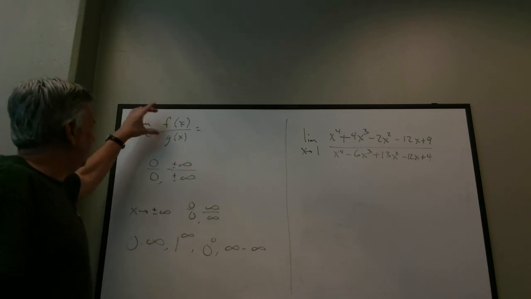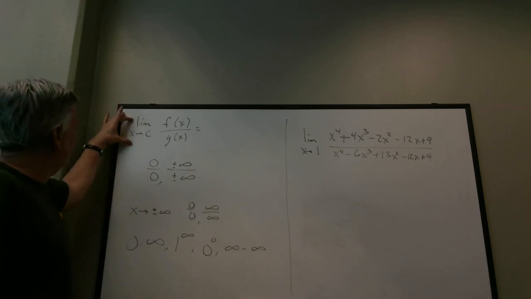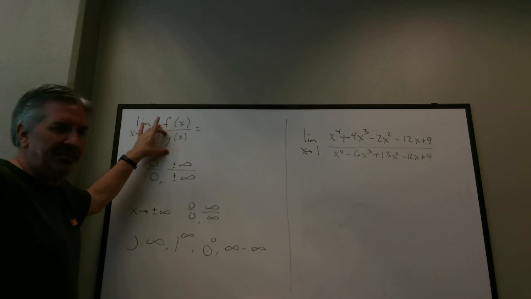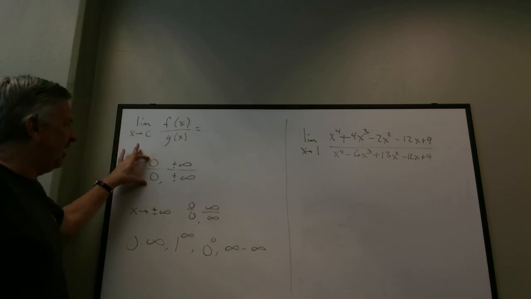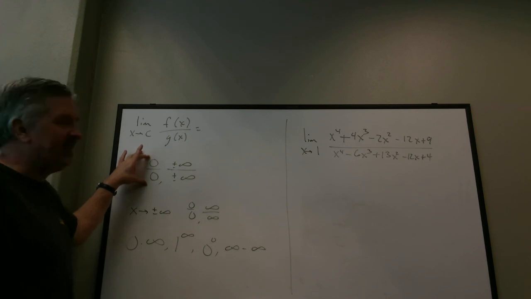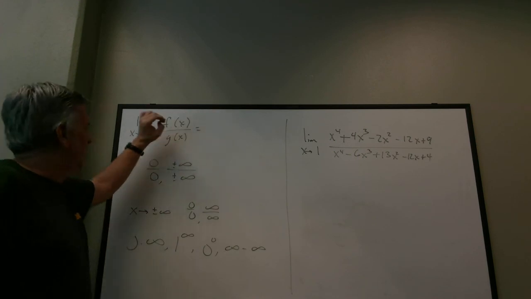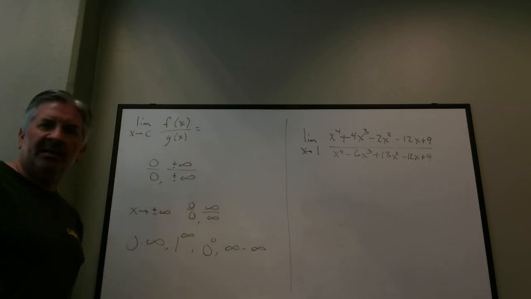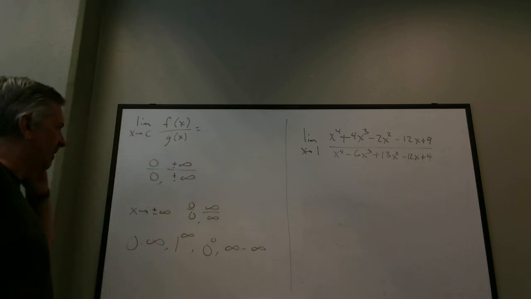If this is the case, and you take the limit of the numerator and get zero, and the limit of the denominator and get zero, that's called the 0 over 0 indeterminate form. Remember, 0 over 0 is undefined, but that doesn't mean the answer is undefined. We saw that in Calc 1. Just because you get 0 over 0 doesn't mean the limit's undefined. You may have to do some algebra.